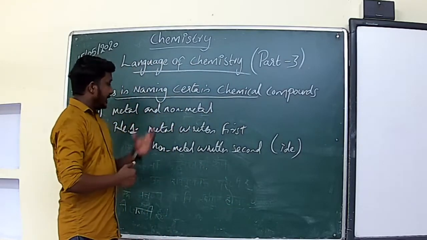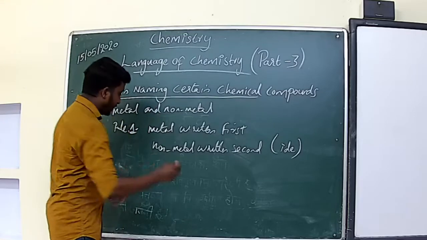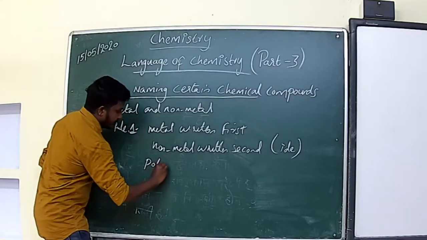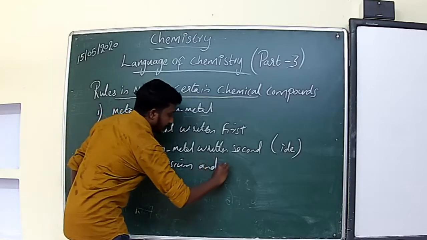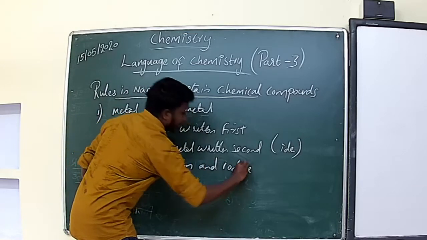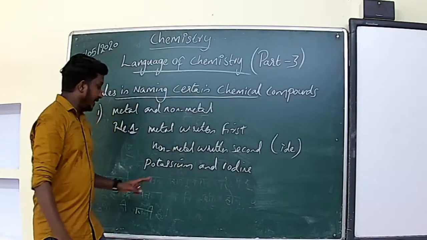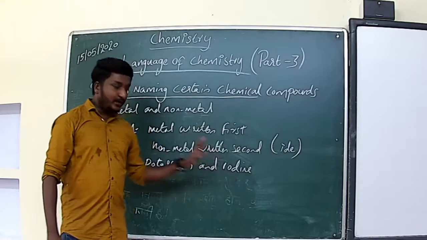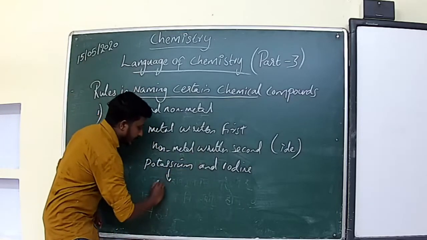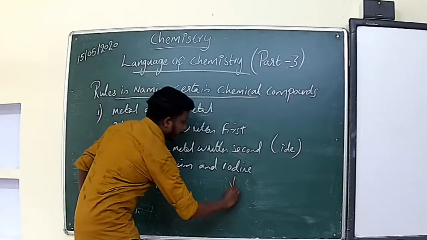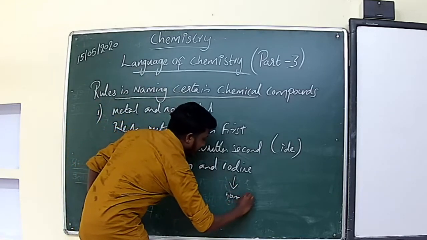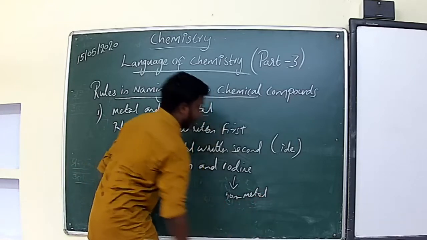Suppose the chemical compound contains potassium and iodine. We know potassium is a metal and iodine is a non-metal, right? So we have the rule.